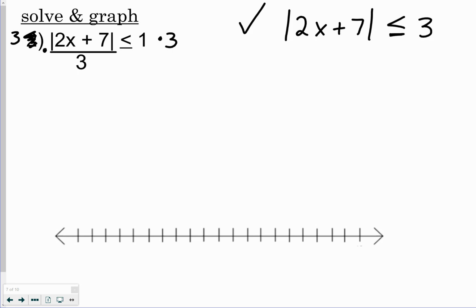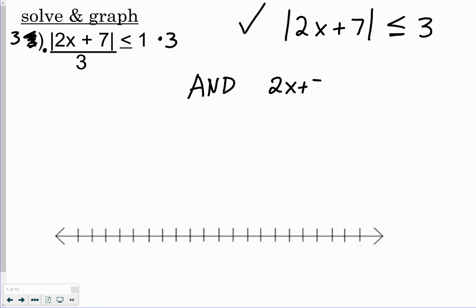And now I have my first checkpoint. What word am I going to use for this inequality symbol? Remember, less than. Okay, on the right side, rewrite it exactly the same, but you're allowed to take off the absolute value.